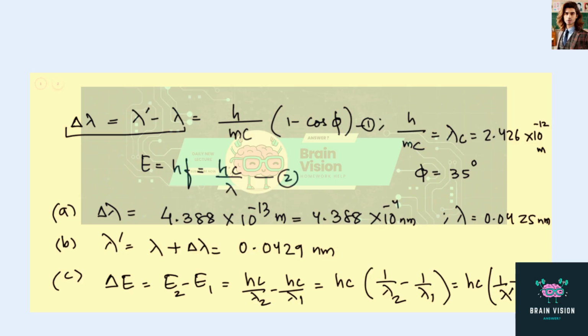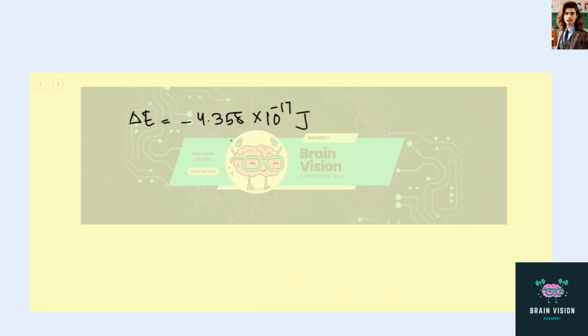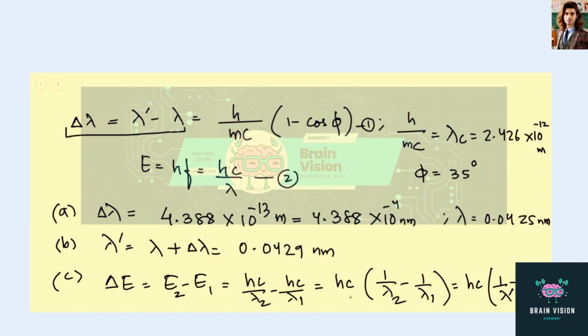And make sure while solving this equation, you convert these units of lambda and lambda dash into meters, and also h should be in units of joules seconds if you want your energy to be in joules, and if you want your energy in units of electron volt, use h in units of electron volt.